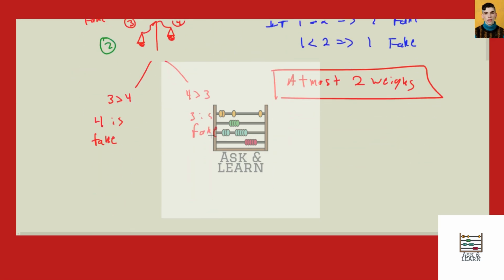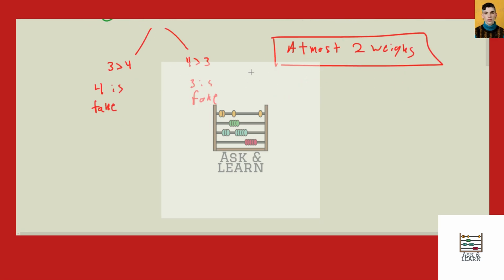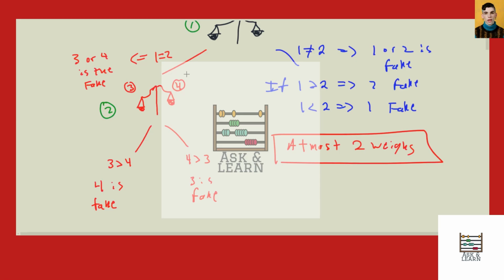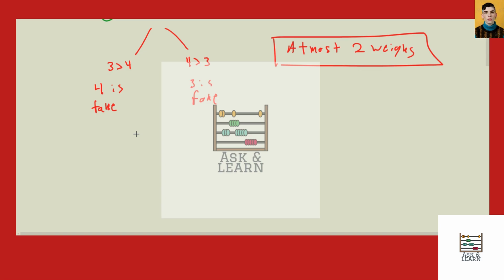All right, so let's go ahead and actually write up the algorithm in a little bit more detail, other than just this tree that we have here. I think this is a pretty okay way of going about it, but if you want something more precise, we can write that out too. All right, so first, compare 1 and 2.